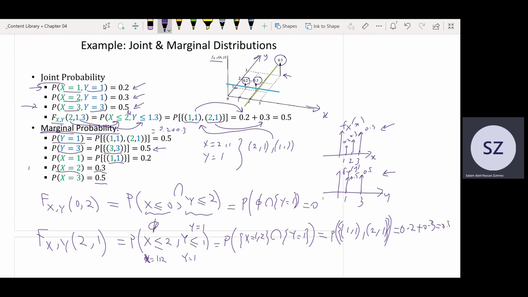Just to remove the confusion, the comma here is within the parentheses of a set, so this is not an AND. The comma here is separating items in the set, that is why we add the probabilities. While here the comma is an AND, and the AND translates into intersection. Is the difference clear? It is very important that you don't mix them up.